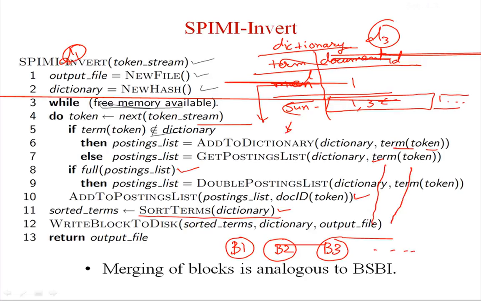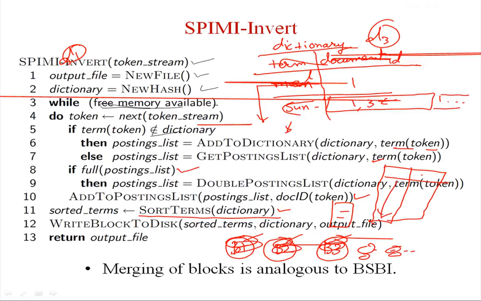Now, the next task is to prepare a final sorted index which contains term and document IDs. So we will pick some initial slots from each block, we will merge them, and we will continue by taking next slots from each block and finally merging.